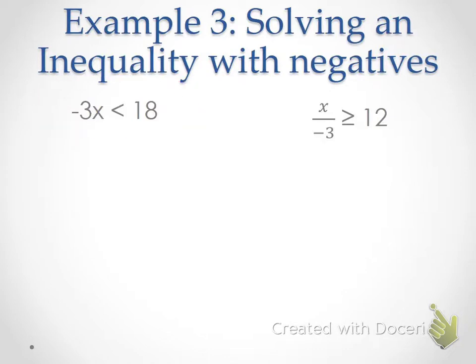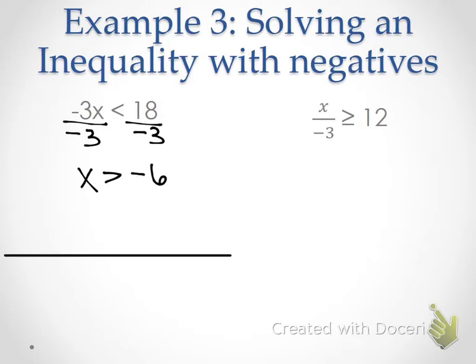Divide by what? Negative 3, both sides. And my rule says when I divide by a negative, I need to flip my inequality. So now instead of less than, it is greater than negative 6.